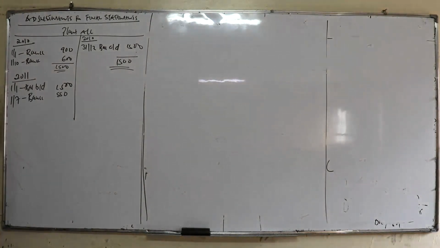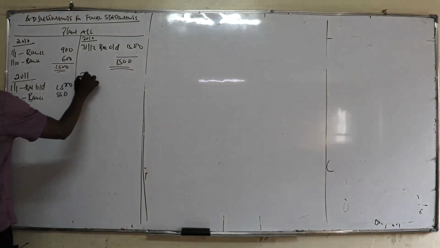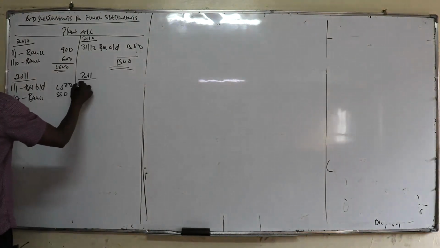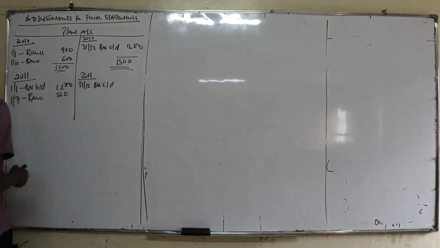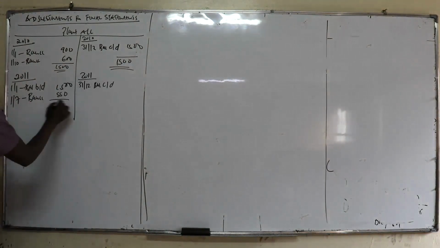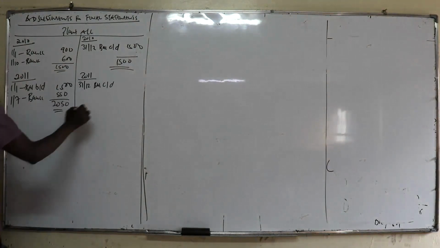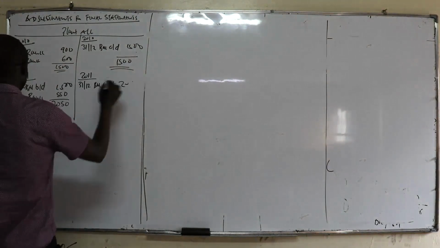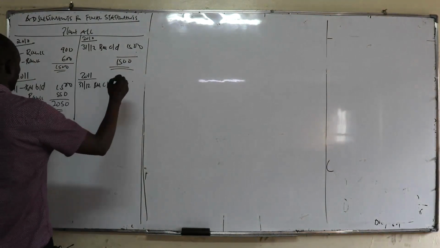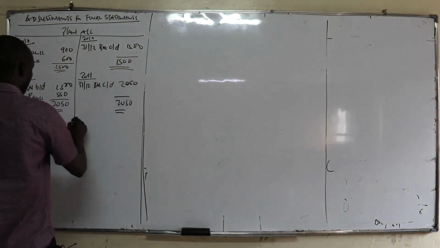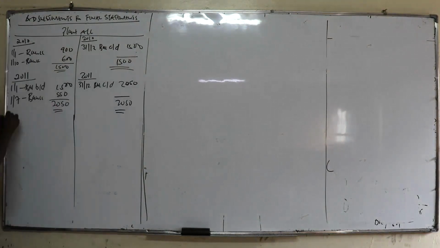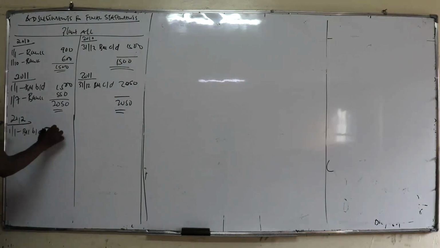So you write here 2011, 31st December, balance carried down. It will be the total, the opening balance plus this new acquisition, which is 2050. So the balance carried down here will be 2050, and the balance brought down here will be 2050.